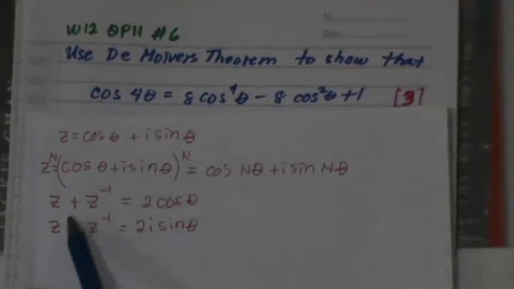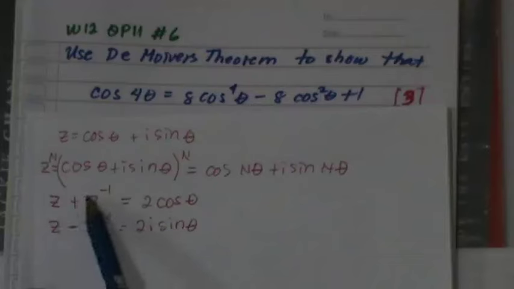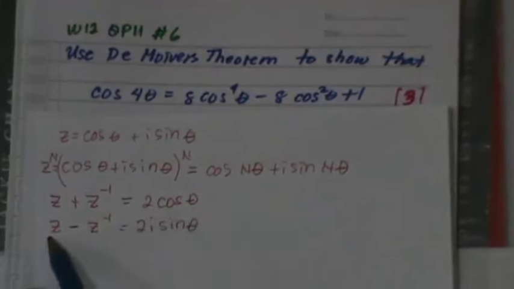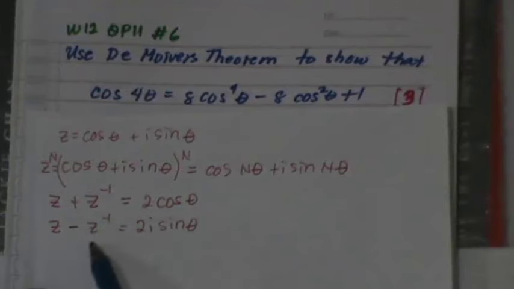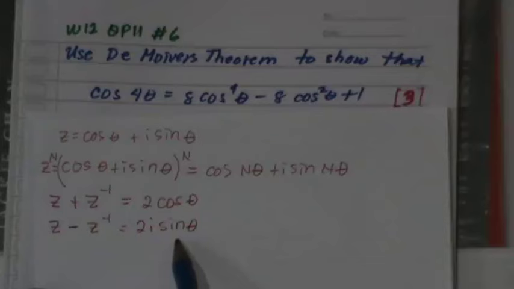We have shown before that z plus z to the negative 1 is equal to 2 cosine theta, and z minus z to the negative 1 is equal to 2i sine theta.